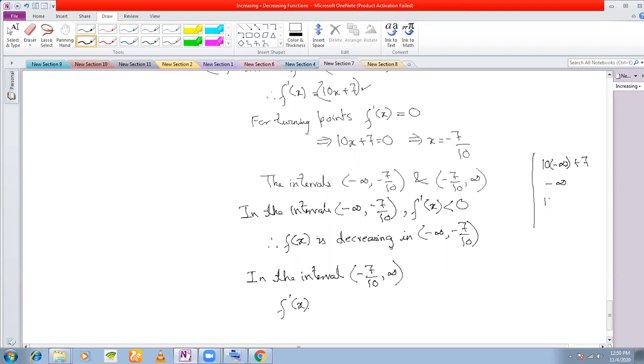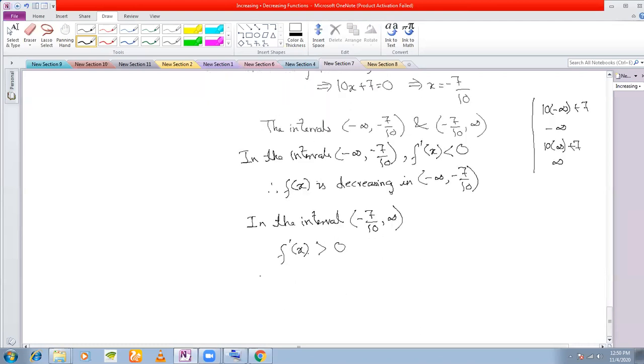Consider infinity only: 10 into infinity plus 7 gives you infinity. That means f dash x is positive. Therefore f(x) is increasing in minus 7 by 10 to infinity.